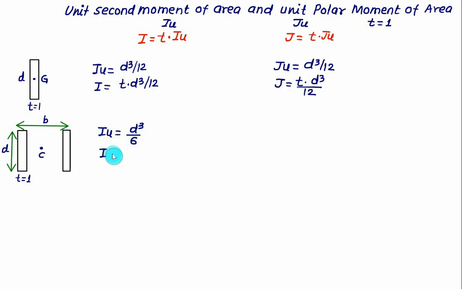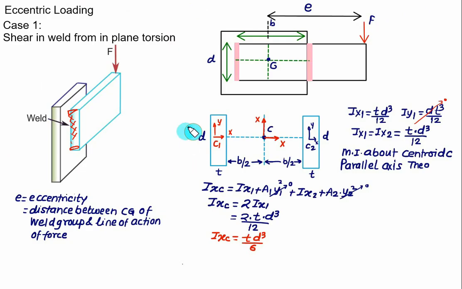So the total moment of inertia is obtained by multiplying t with the unit second moment of area, that is t into d cube divided by 6. By deriving from first principles, we also got the same result. The moment of inertia about the centroid is t d cube by 6, that is the second moment of area.